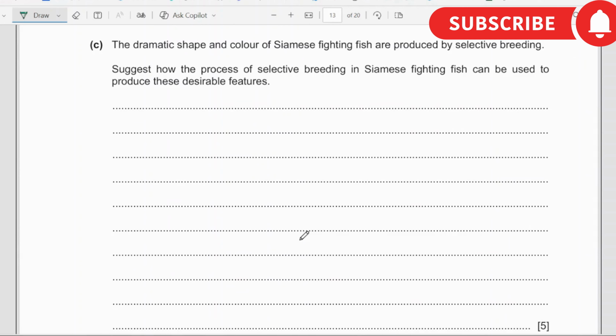Suggest how the process of selective breeding in Siamese fighting fish can be used to produce these desirable features.